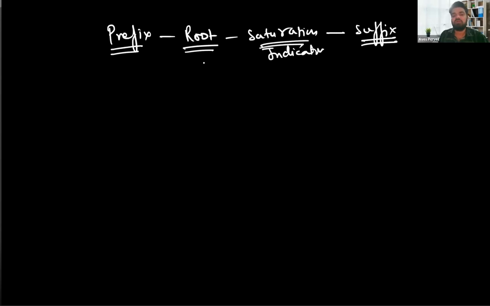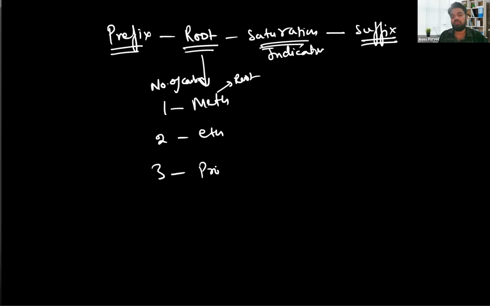Let me explain. For one carbon chain, we have written this also in the previous class. For one carbon chain, we use meth, the number of carbon, and its root. For 2 carbon, we use eth. For 3 carbon, we use prop. If there are 3 carbons in the chain that you have selected, then you will use prop.